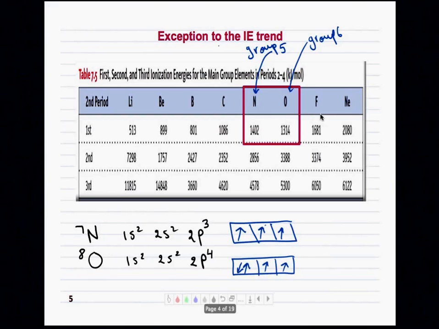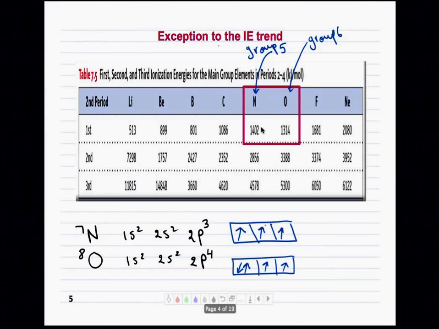If we look at those numbers, the first ionization energy of nitrogen and oxygen, we find that oxygen has a lower ionization energy than nitrogen. Right? And I just said it's the opposite. I said that the ionization energy will increase as I go in the same period.